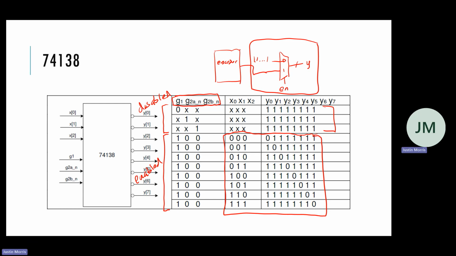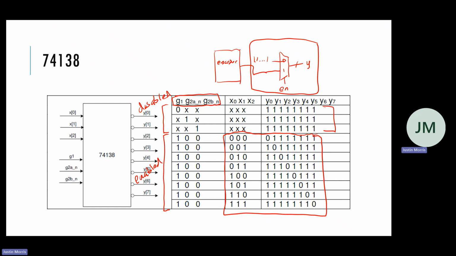Behavioral, right? So it doesn't have to be case. It's just a very simple one. It can be if-else, so you can make one process block. If enable, then output is the output of the encoder. If it's not enabled, or you can just put the else, output is just all ones.